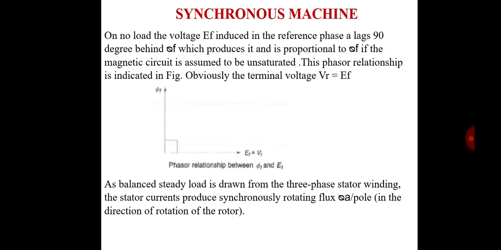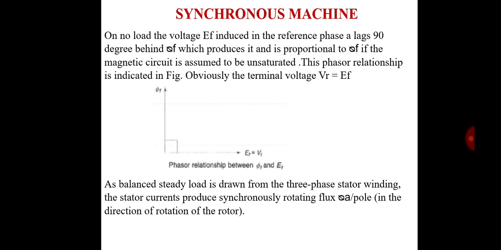Now synchronous machine on no load: the voltage EF induced in the reference phase A lags 90 degrees behind φF. What is φF? It is the field flux which produces it, and EF is proportional to φF. Because of φF, EF is induced.